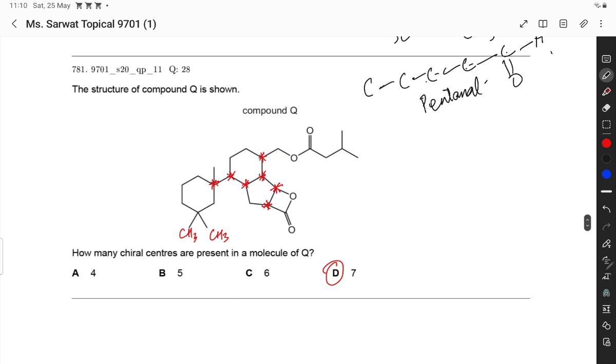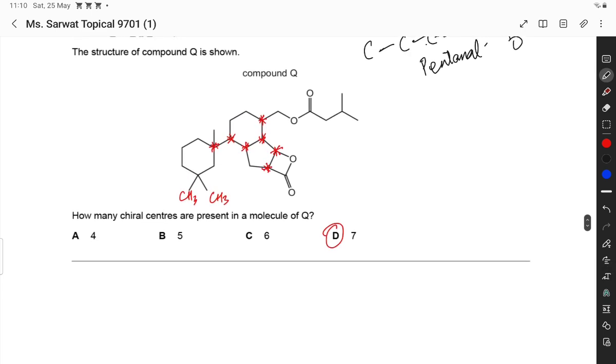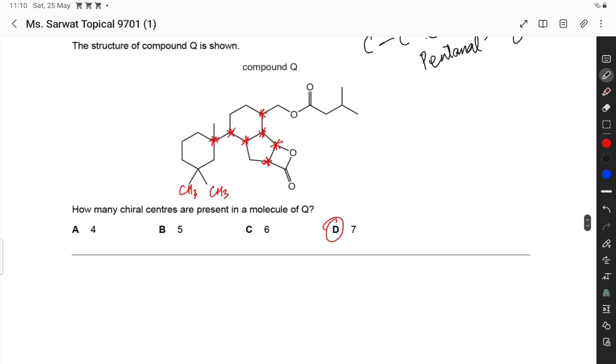The structure Q is shown. How many chiral centers are present in the molecule of Q? So look at here, where carbon is surrounded by 3 carbon atoms on 3 sides. It means that is a chiral carbon, because there is C over here, H over here, the whole CH2OH, and this side also.